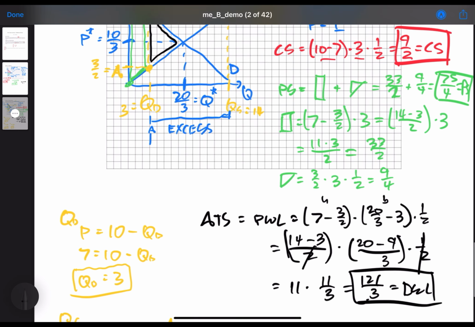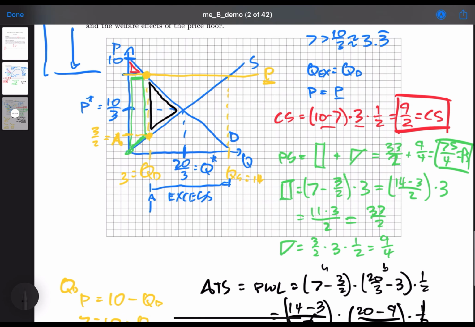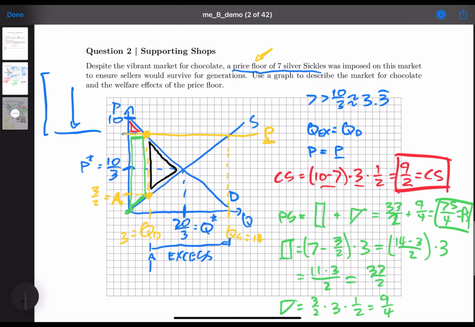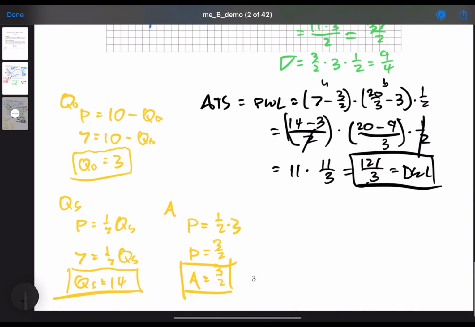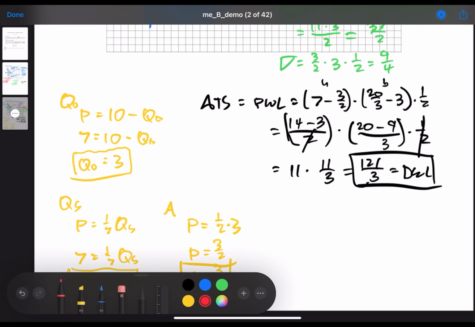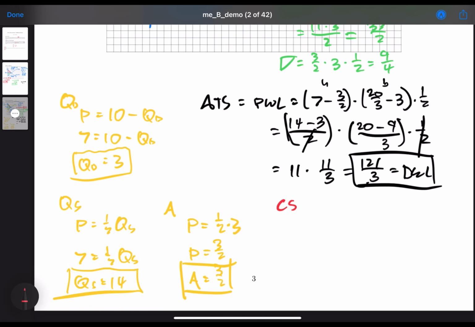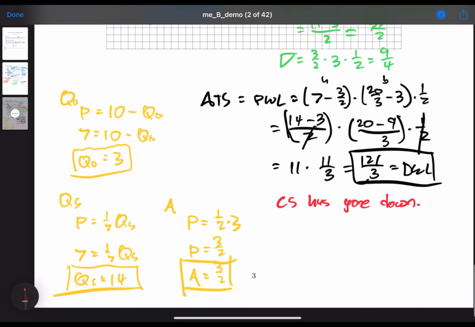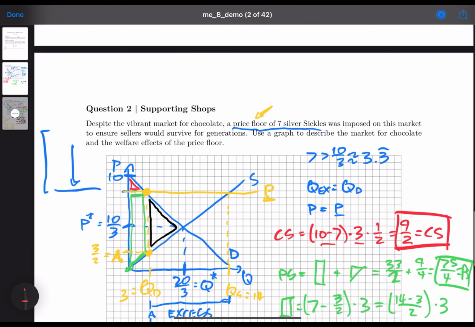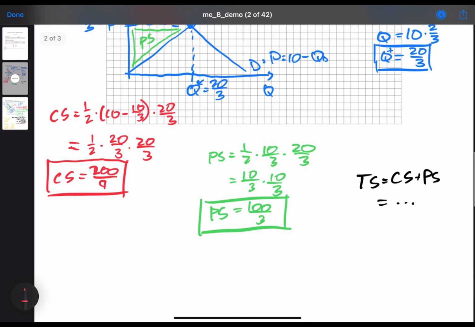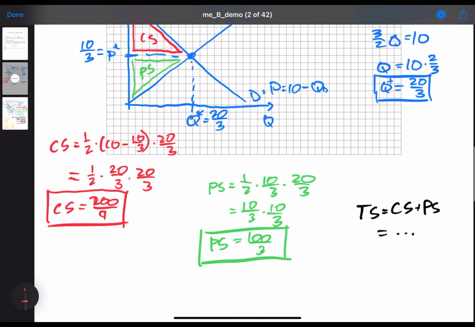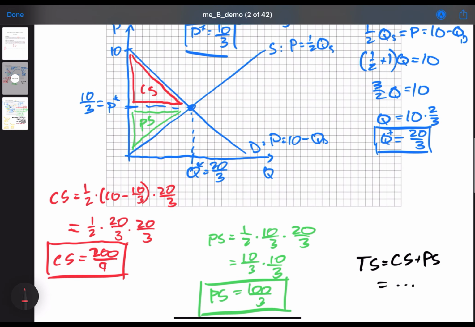This is how much total surplus we lost with this new policy. But we also know consumer surplus is going down. Consumer surplus has gone down. We can see this because consumer surplus after the policy is 9/2, and before the policy it was 200/9. And just visually we can see this is much greater.